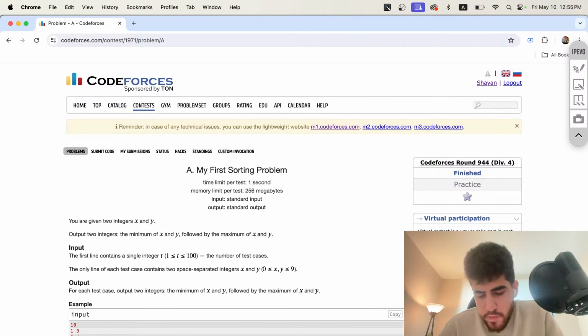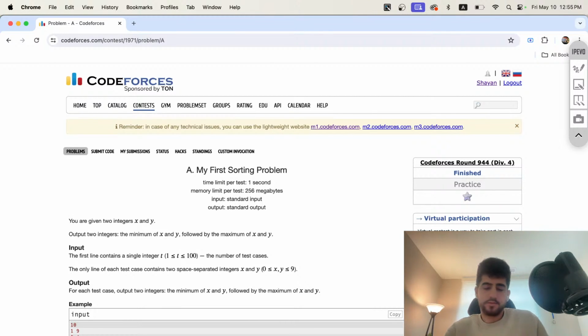Oh, I see. Yeah, that happens sometimes: your code works well on your own system, but when you submit it, you don't get accepted. It might have many reasons.